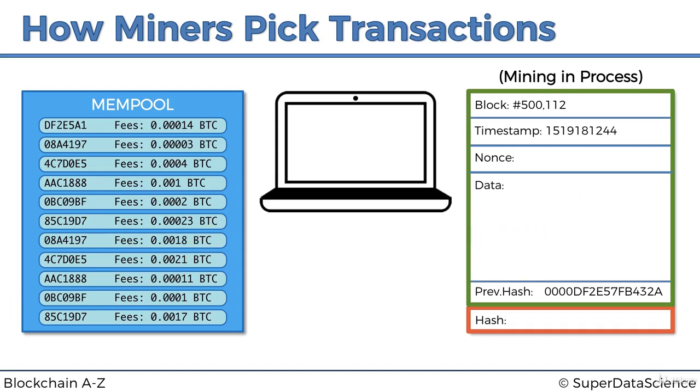Okay, so how is the miner going to pick these transactions? If we look at them, we can see there's a transaction ID, which is much longer in real life, and usually some more information. But here you can see the fees that the miner will get for including each one of these transactions. Fees are another topic we'll cover further down the course.